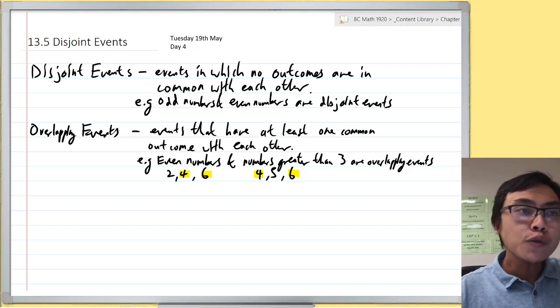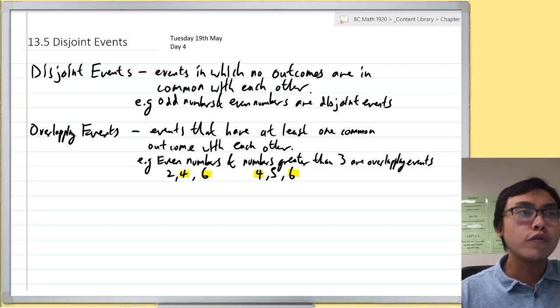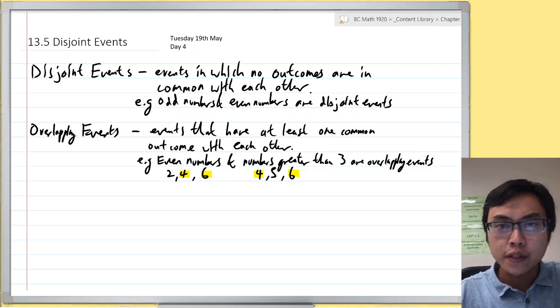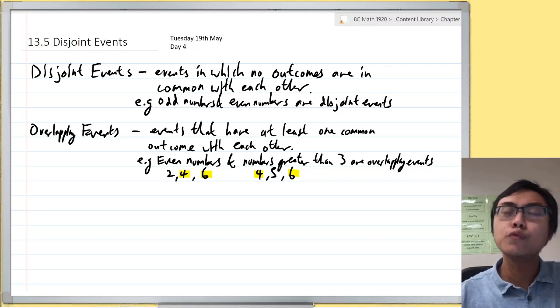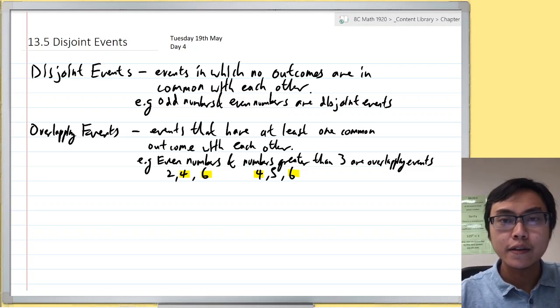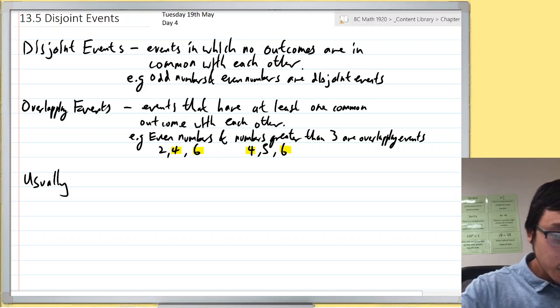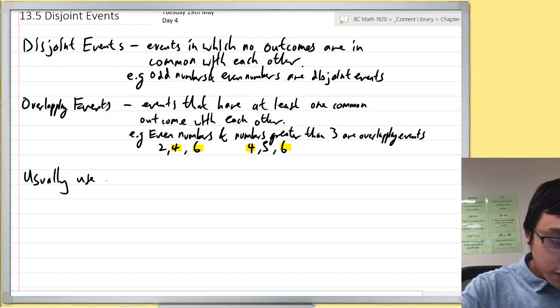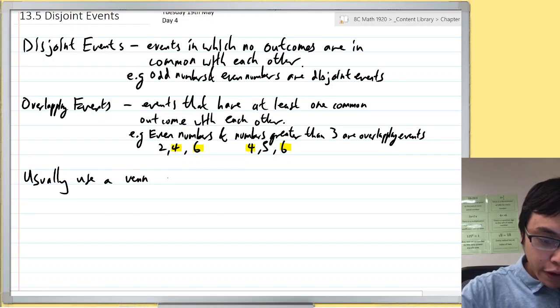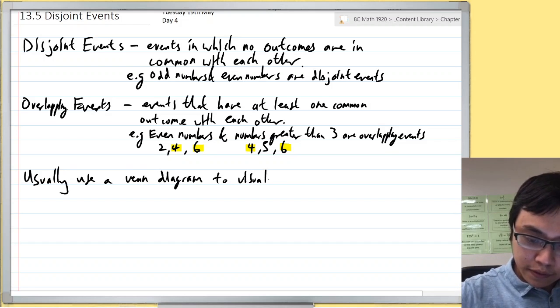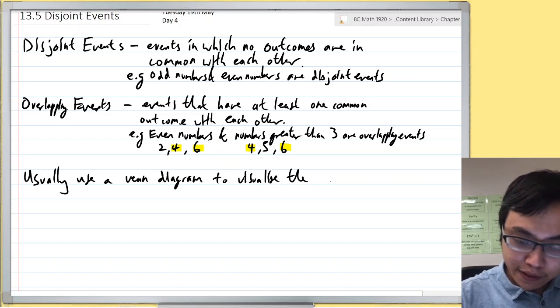So how do we usually show these types of disjoint events and overlapping events? We usually use a Venn diagram to visualize the events.